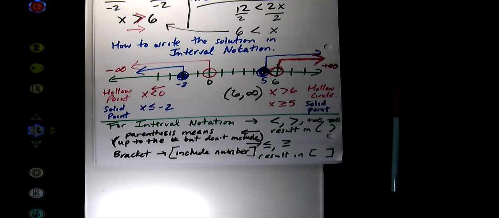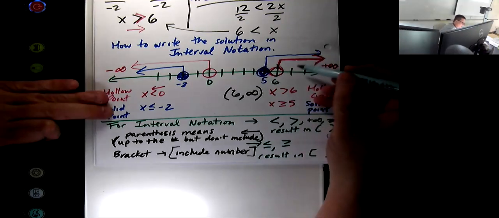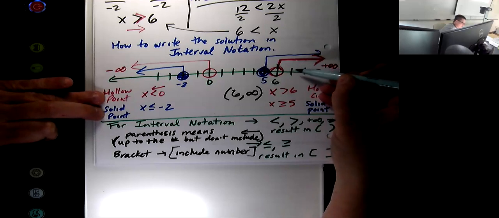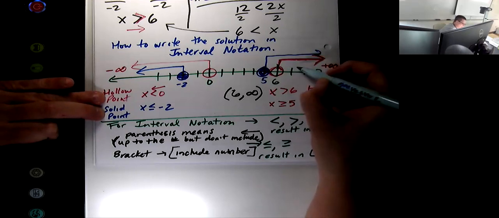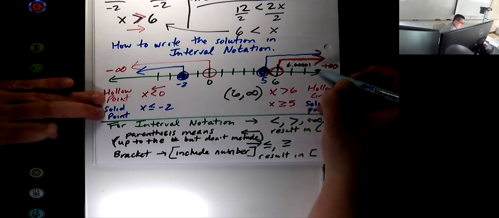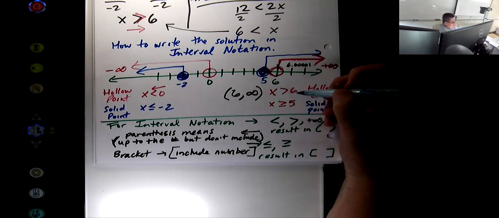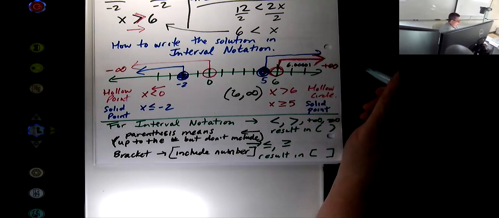Parentheses means you're going to go up to the number but not include it, or in this case, down to the number. Like 6.00000001 counts, but 6.0 doesn't. Get as close as you can to the number, but don't actually equal the number. We don't include it.